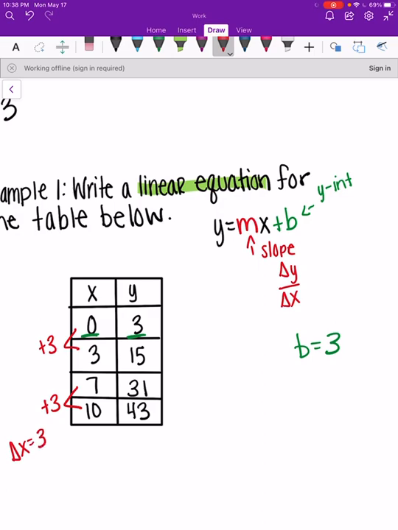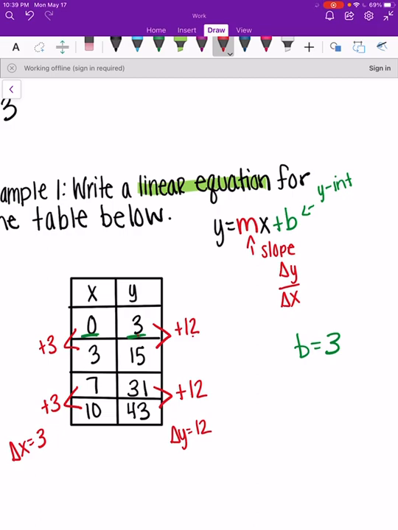What's my change in y? To get from 3 to 15, I have to add 12. Right? 3 plus 12 is 15. And to get from 31 to 43, we also add 12. So my change in y equals 12.